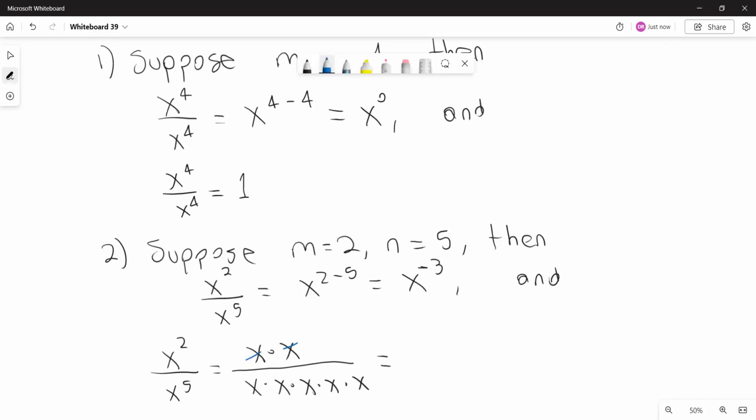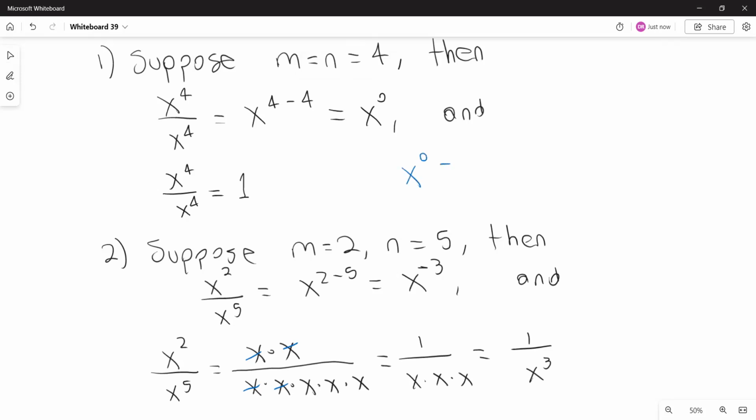So 2 of those cancel out, and we have 1 over a product of 3 x's. Okay, so this is what we got. In the first situation, we got that x to the 0 equals 1. In the second case, we got that x to the negative 3 is the same as 1 over x to the third power.